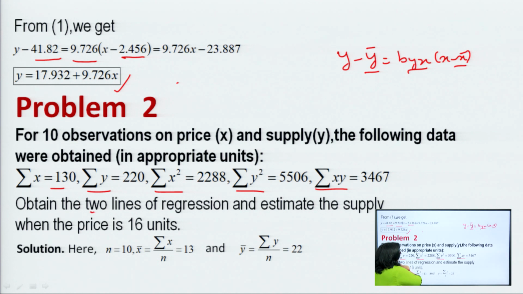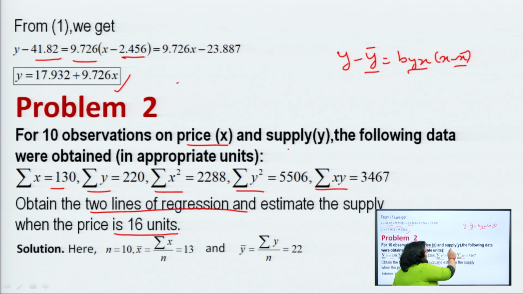Obtain the two lines of regression and estimate the supply when price is 16 units. Firstly, price is x and supply is y. The price is given as 16 units, that means x is given, find the value of y.